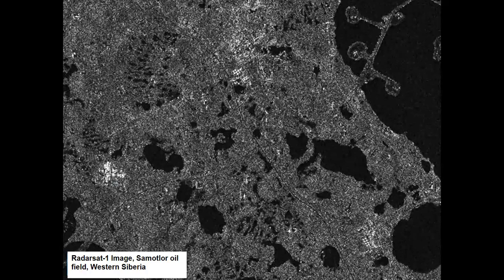And these radar images look completely different from the optical images. For example, this is the area in Western Siberia, in the oil field. You will see some metal equipment for oil pumping, for keeping oil.